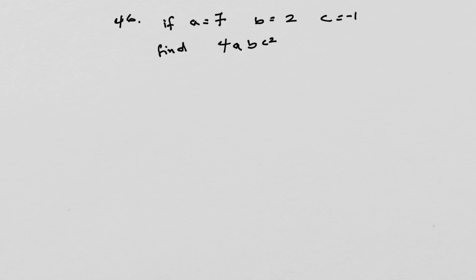Here, all we are doing is replacing A, B, and C and multiplying. We have 4 times 7 times 2 times -1 squared. -1 squared is 1. We multiply this to get 56.